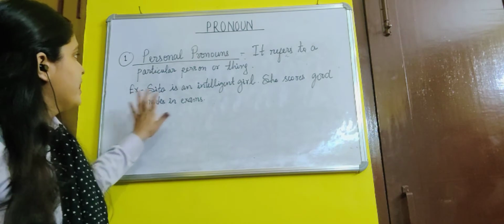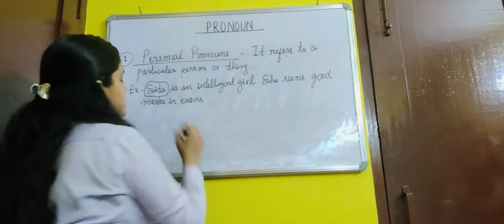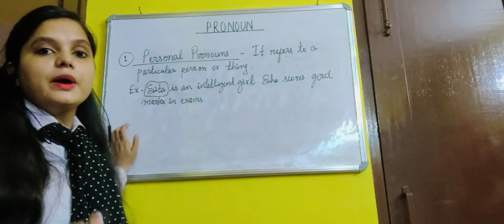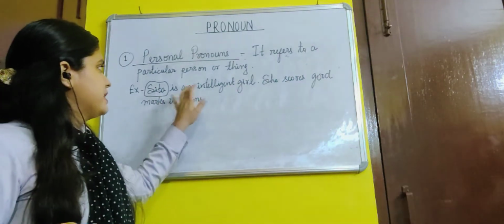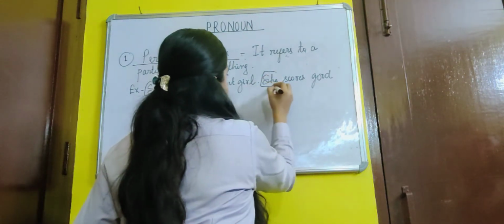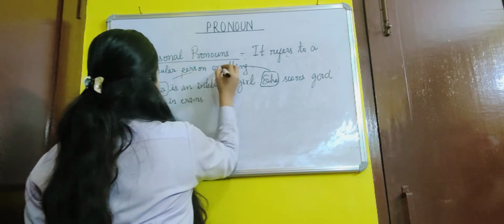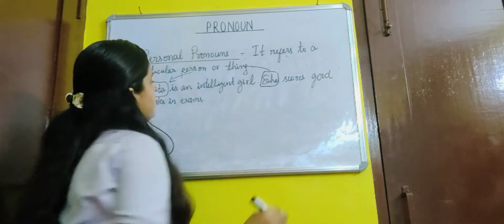Okay, so here the word Sita is a noun. We are talking about Sita, that Sita is an intelligent girl, and she. So here we are talking about a specific person who is Sita.